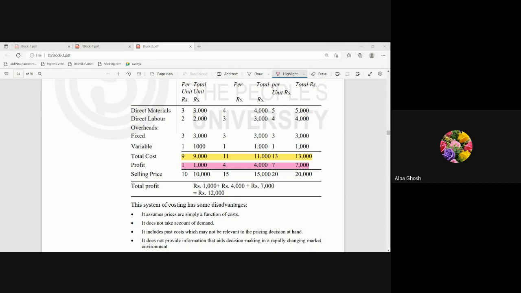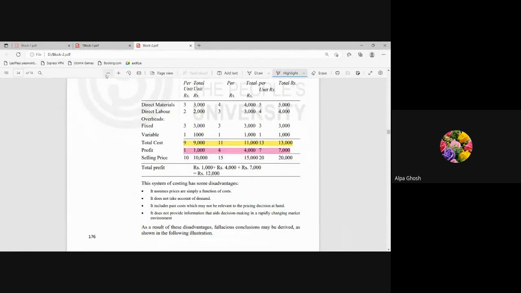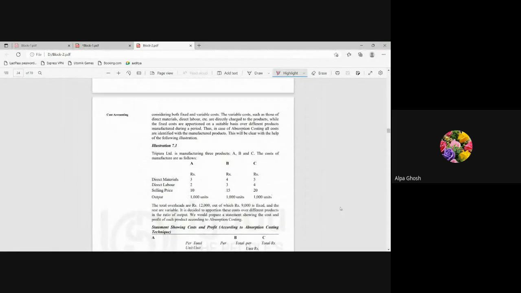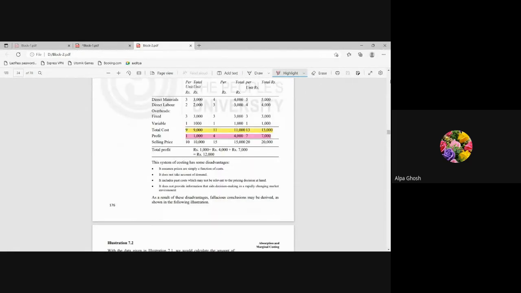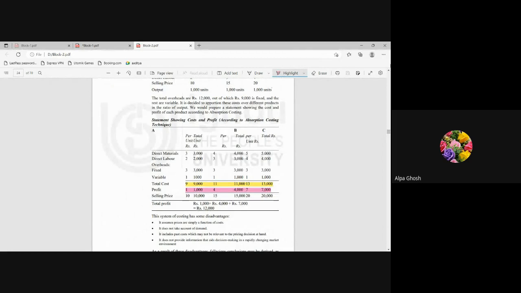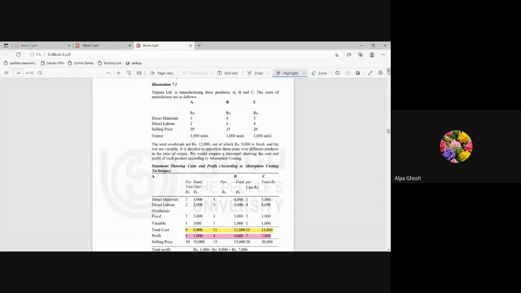Okay, so again, the question is on your screen. Whatever I have explained, I'm just minimizing the size so that it can be in one. Okay, now the question and solution both are visible on the same screen. Just go through it and try to understand.